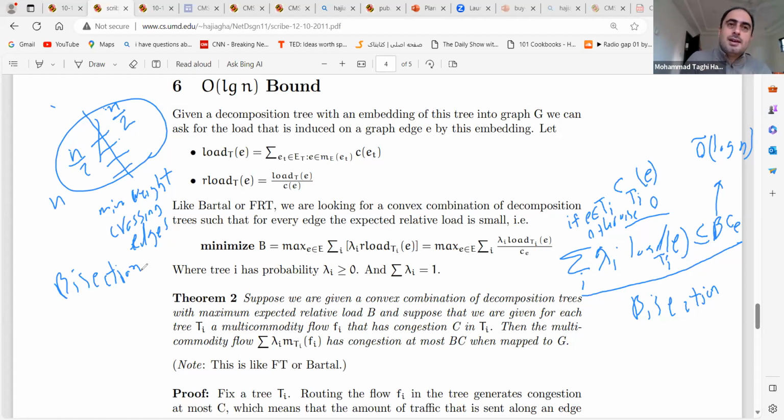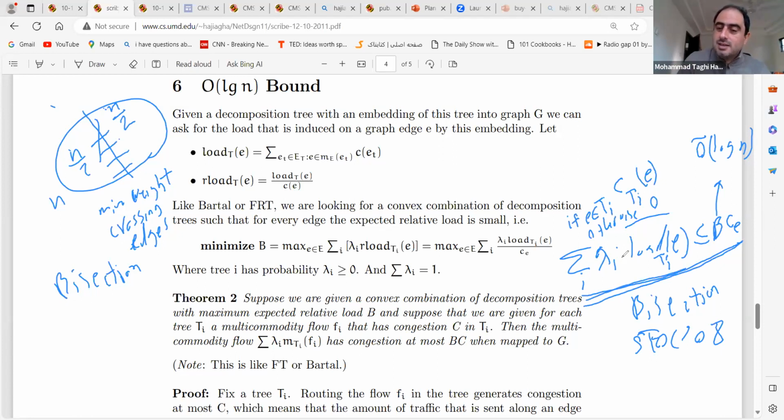But here, Raki, in the second paper, the STOC 2008 paper, presented this: using Bartal and some other results, you can get this kind of trees for which we have this equation satisfied.